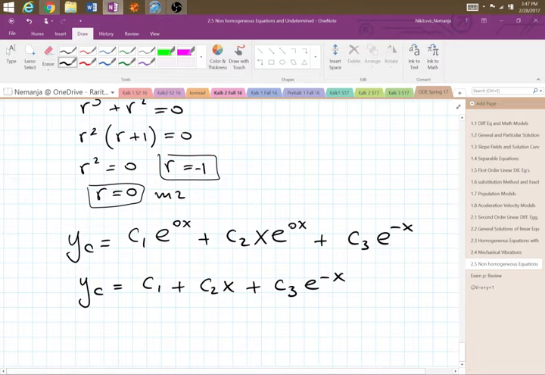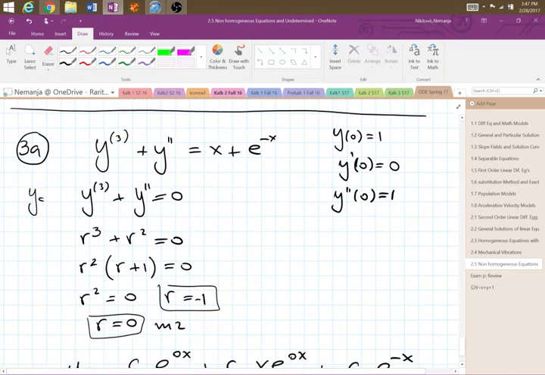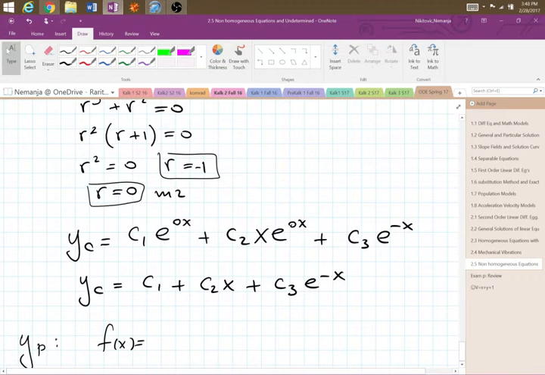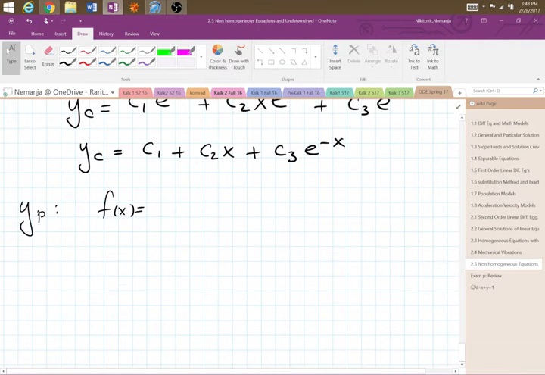So now the next part is to deal with the x plus e to the negative x. So now we're talking about the particular solution. We have that f of x is equal to x plus e to the minus x, then the first derivative would be 1 plus e to the minus x with the negative here.